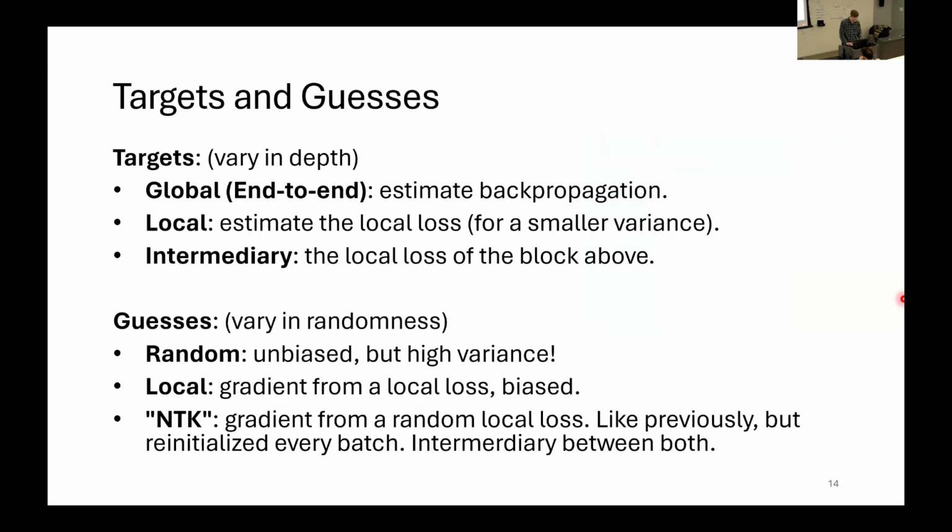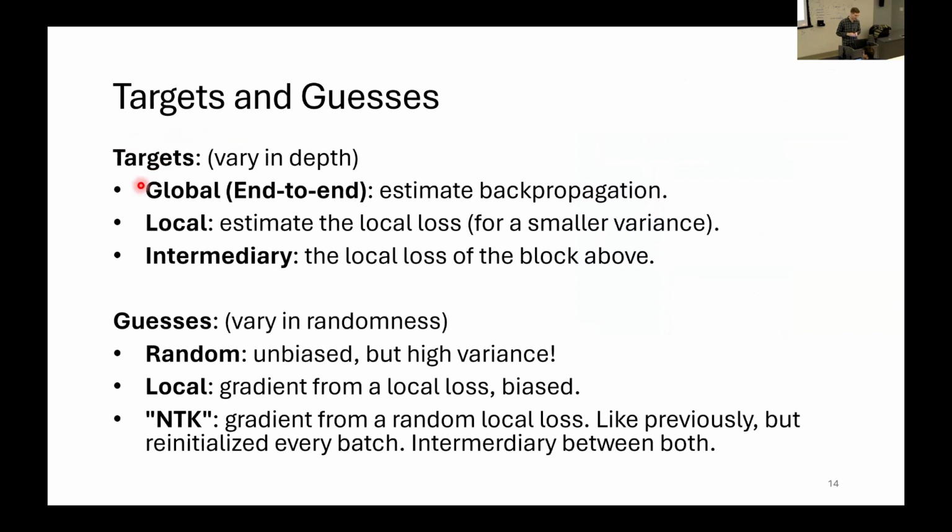As I said, we can have different types of targets and guesses in our gradient estimate. For our targets, it pretty much means that we're going to vary the depth of the target. We'll call global target estimating the entire rest of your network by backpropagation.